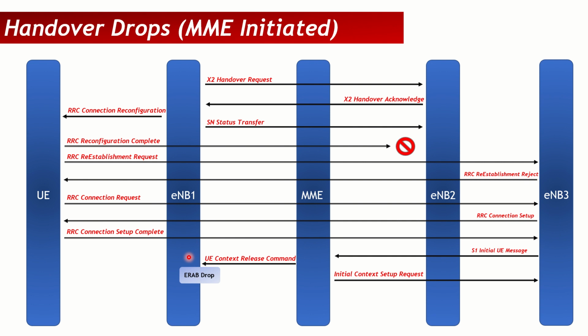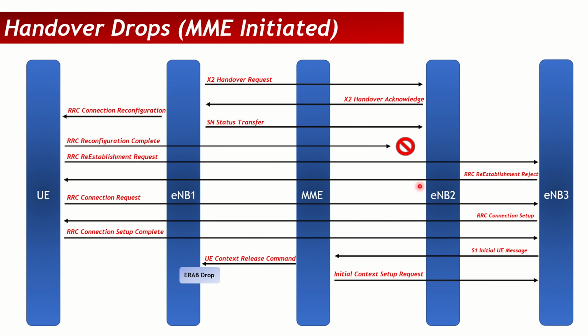So it's simply a scenario of how big the eNode B1's X2 relocation overall timer is. If it is too big, then most of these drops will be pegged under eNode B initiated. If it is too small, then most of these drops will be pegged under MME initiated. This drop will also peg in case of IRAT handovers.